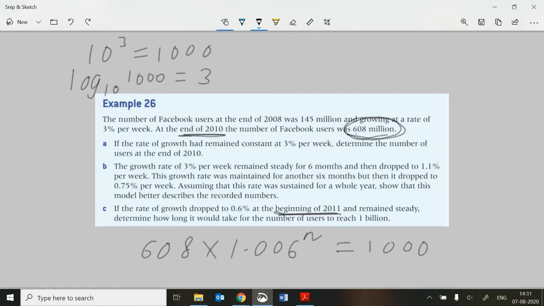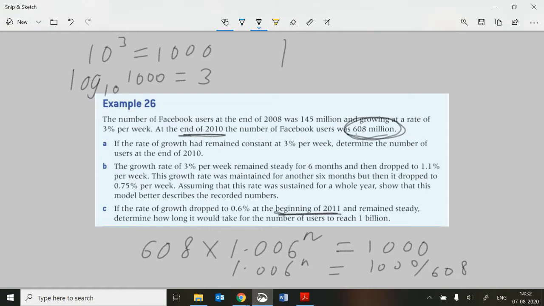Okay, so we can put this in a similar form. If we divide both sides here, to start off with, by 608, we've now got the same form as this here. And so we can use this format in order to answer our question.